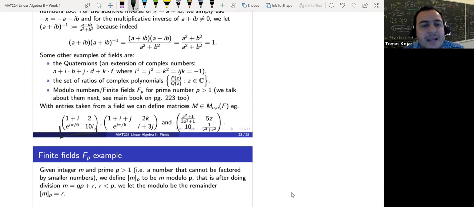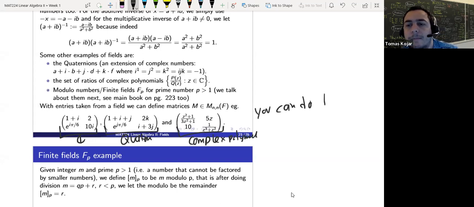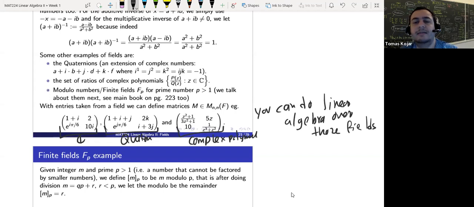So you can define matrices of complex numbers, matrices of quaternions, matrices of complex polynomials, and do linear algebra over those fields. That's the power of knowing that something is a field.